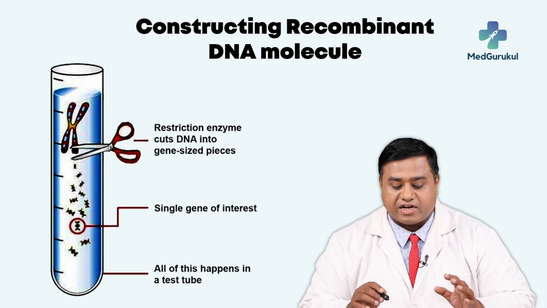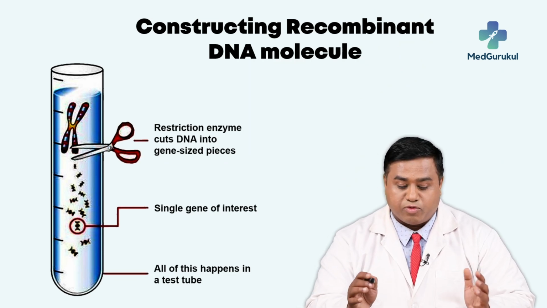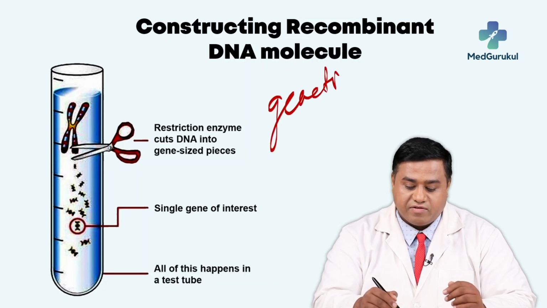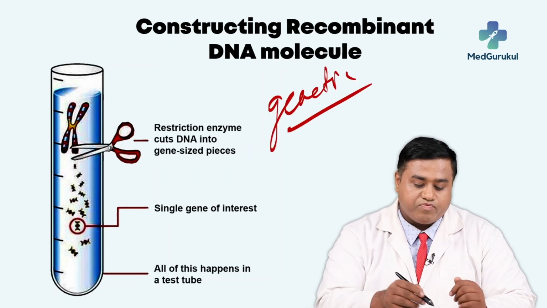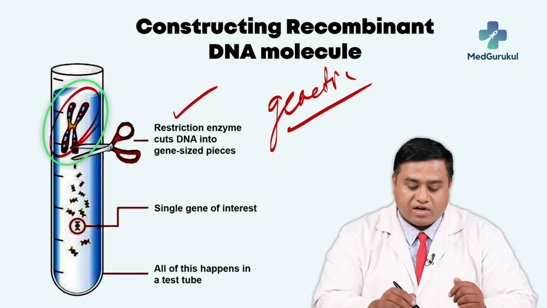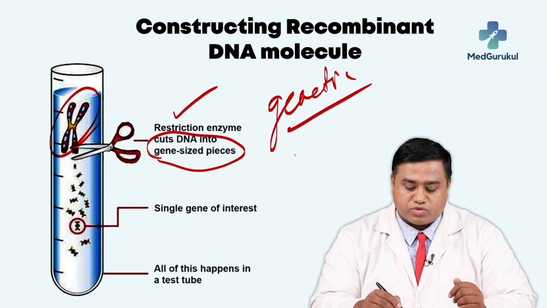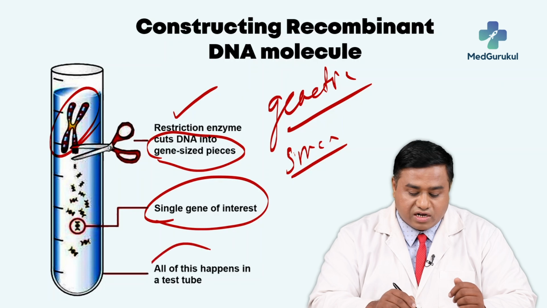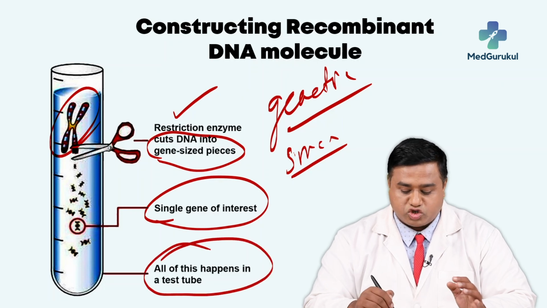To construct a recombinant DNA molecule, you require genetic material as a starting point. You take the genetic material, use a restriction enzyme, and cut it into smaller pieces. Isolate your gene of interest, and all this can happen within a test tube.